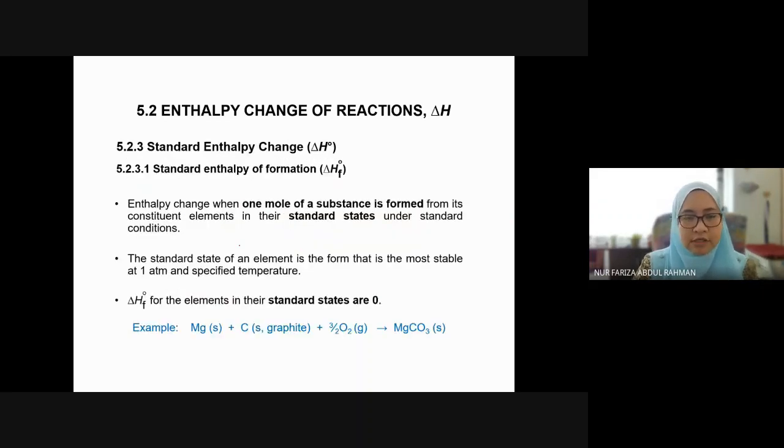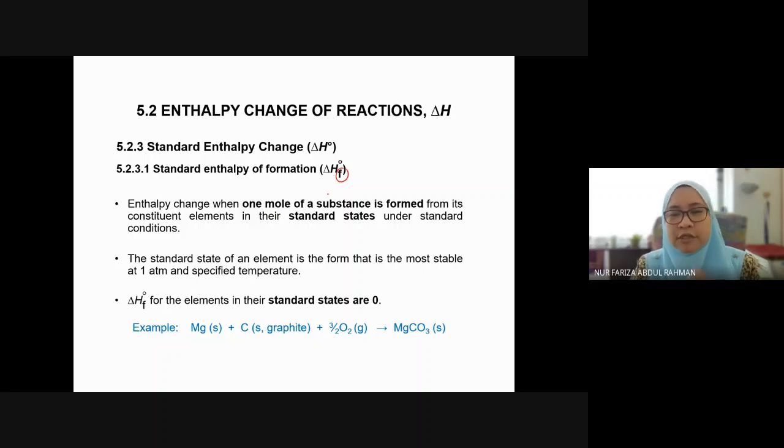Alright, okay, moving on. We have 3 types of enthalpy change, guys. Kita akan start with enthalpy of formation first. Secondly, we have combustion. Thirdly, we have neutralization. Okay, so let's start with formation first. All right, so if it's standard enthalpy of formation, we have to add in the F lah, ataupun tak add in the F pun tak apa.